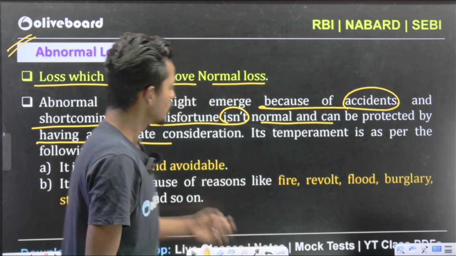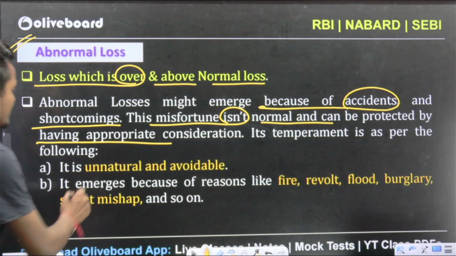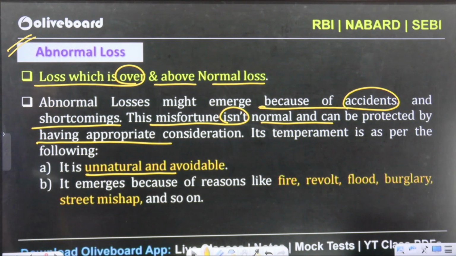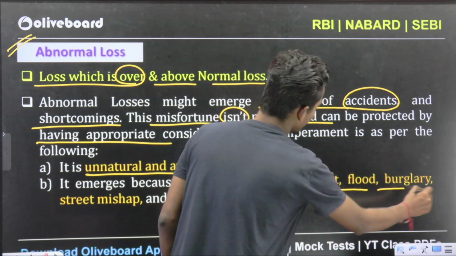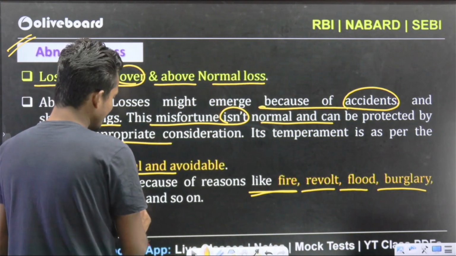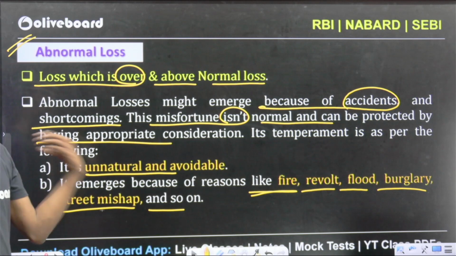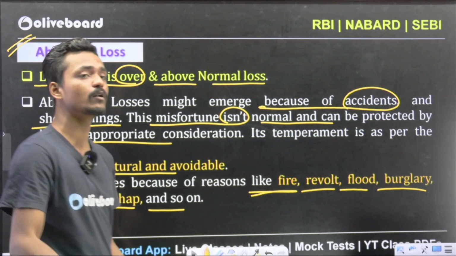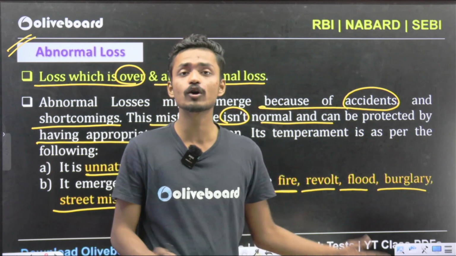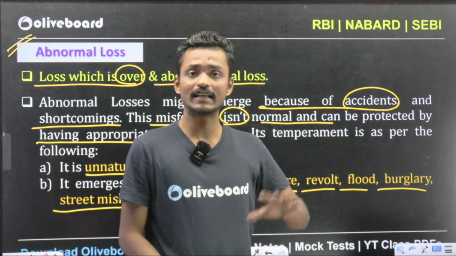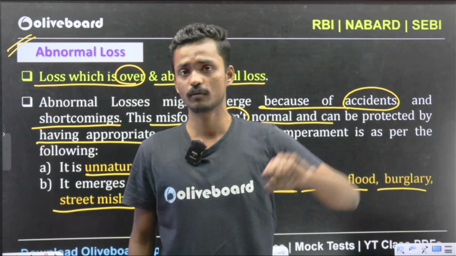So it is unnatural and unavoidable, and it emerges like fire, like revolt, like flood, like burglary, like street mishap, and so on. There are so many reasons that abnormal losses may happen. But yes, we cannot say that we will recover that abnormal loss from the customer.